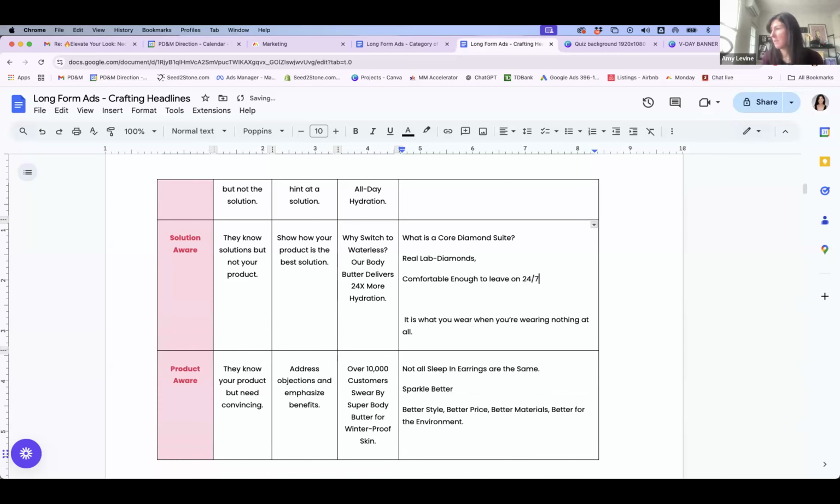Part of it is that a lot of people leave on sleep-in jewelry that's costume, so it's doubling down on the desire, which is to leave your jewelry on 24/7. Struggling to look good and never take off your jewelry? Look no further than our core diamond suite.